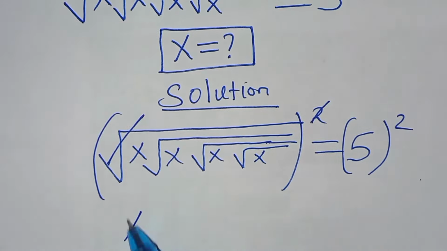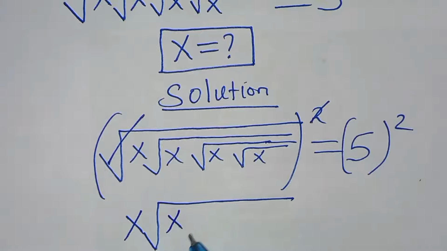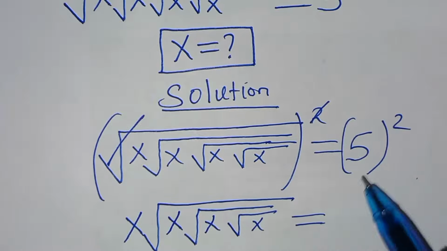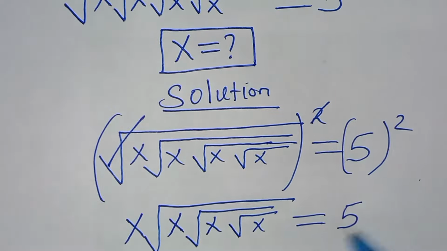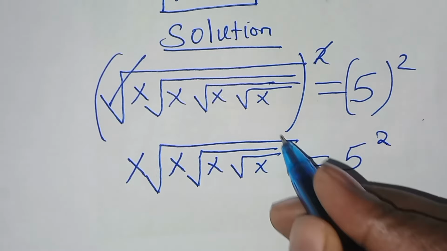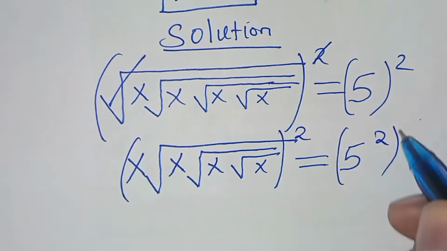So here we'll have x multiplied by the square root of x multiplied by the square root of x multiplied by the square root of x. Then this is equal to 5 to power 2. This is 5 squared. The next step is to square both sides.